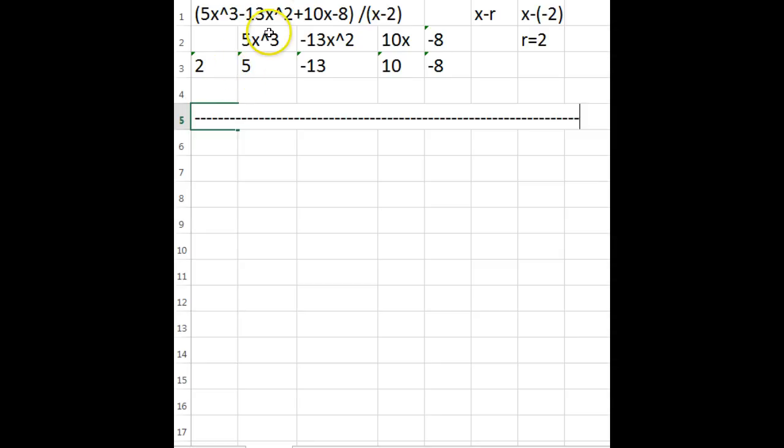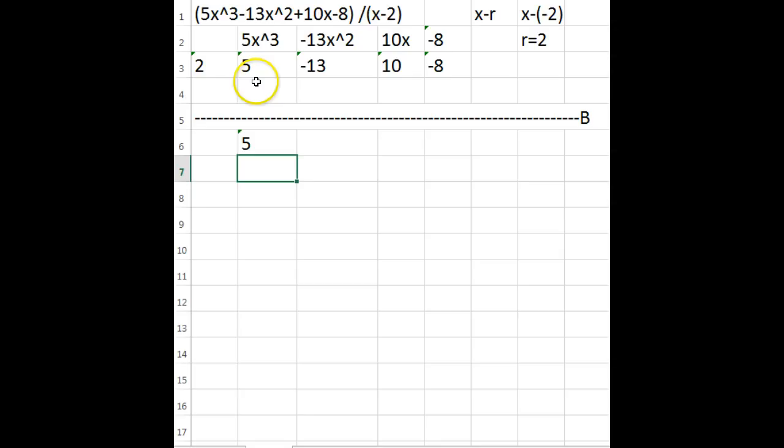Looking at cell B3, that's our 5, our first coefficient, so we need to bring that down. We want to put it in cell B6. So we put a 5 in B6. We don't put it directly underneath because we have to do our multiplication first.